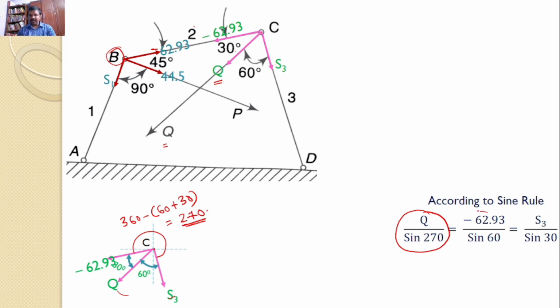Hence I have written minus 62.93 divided by sine 60. And S3 divided by the angle between these two forces, that is 30. Hence I have written S3 by sine 30. Our interest is to find the value of Q. Hence I am taking these two expressions and I can write Q is equal to minus 62.93 by sine 60 into sine 270, which gives the value of 72.66 newtons. This is the answer for the given problem.